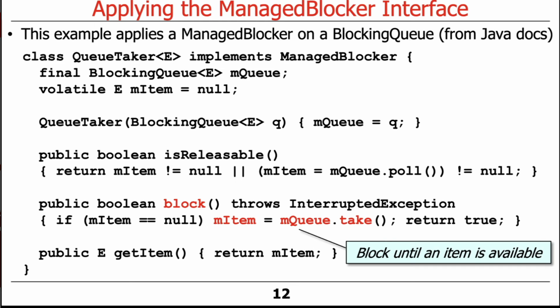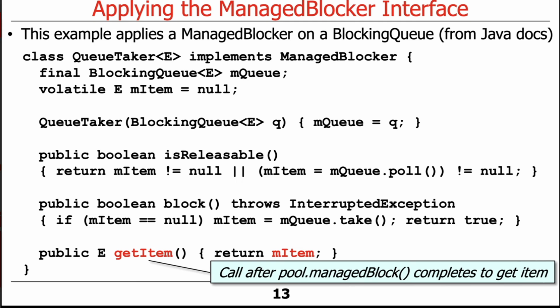You probably recall from much earlier discussion in a lesson from a month or so ago, where the take method causes the calling thread to block until the item you're waiting for is available. So it could very well block. And of course, once we get take to return, we return true because we are no longer going to need to block. We also double check if item is equal to null before we bother doing the blocking call.